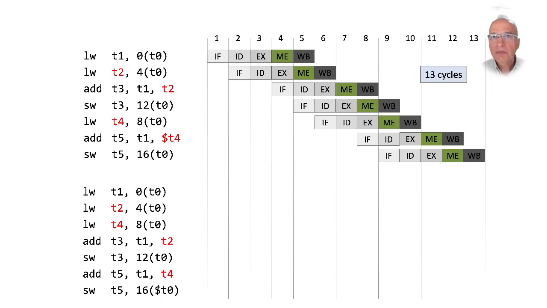Now, my compiler is smart, and my compiler understands how the pipeline works and understands that I should not be using the value of a register immediately after I load, because that causes these delays in the pipeline. So my compiler got smart enough to figure out that I can perform my loads first and then perform the other instructions later.